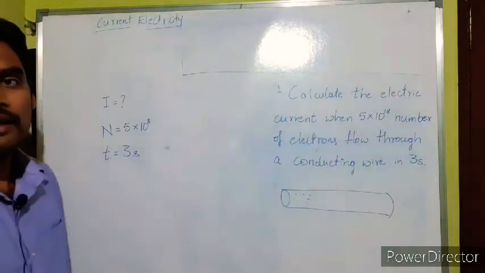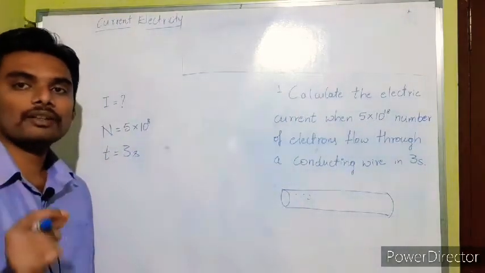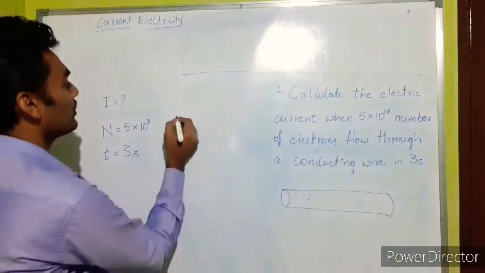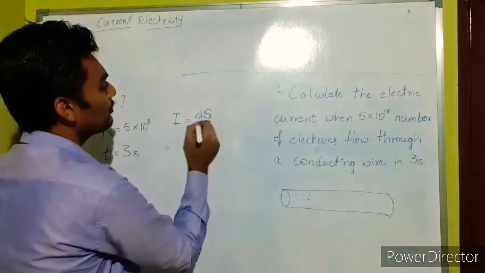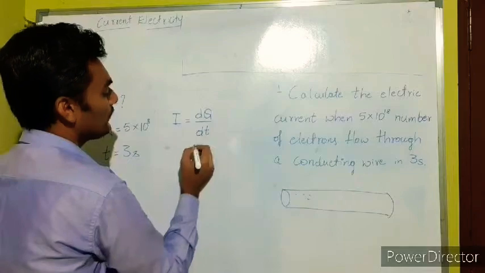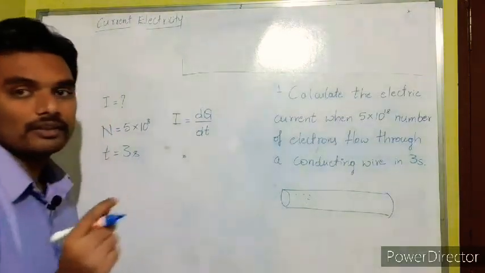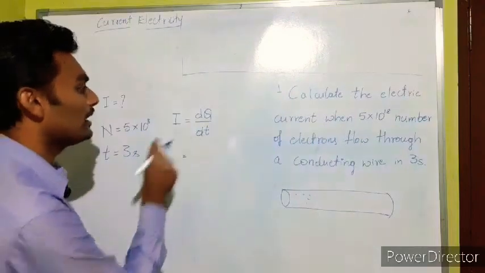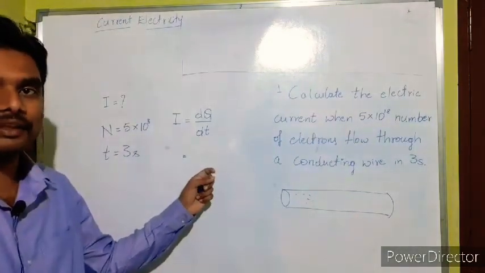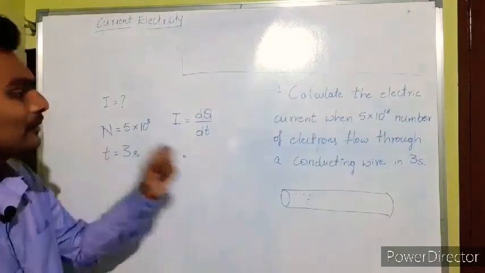Now what does the expression of current say? The simple expression of current says I is equal to dq by dt. Dq is the small charge that flows in a small time of dt. This is the expression for instantaneous current.